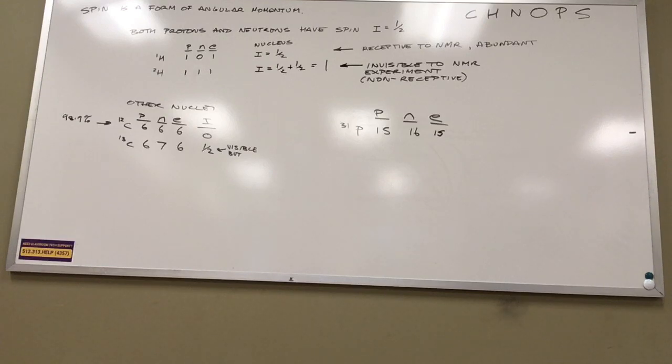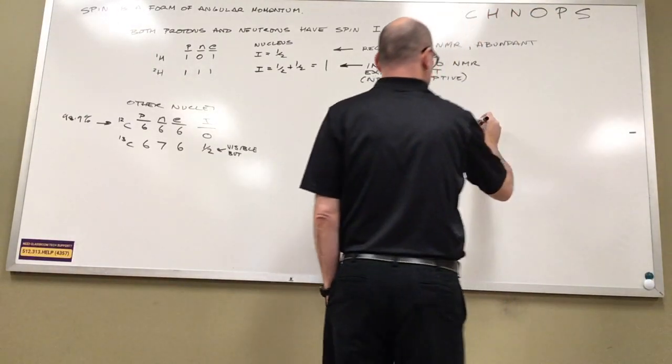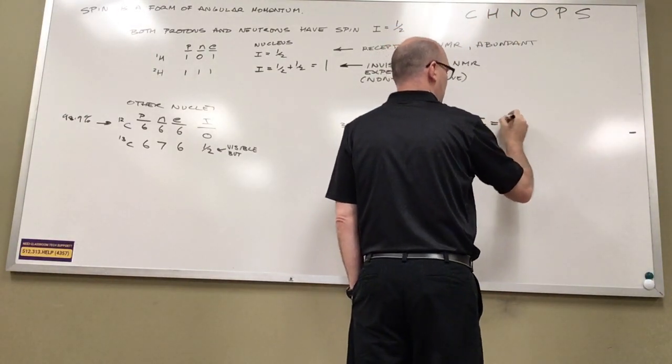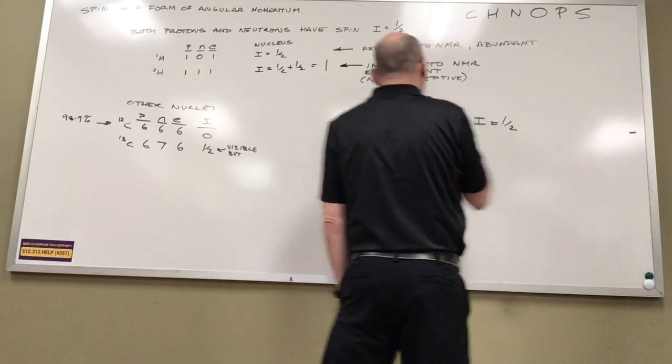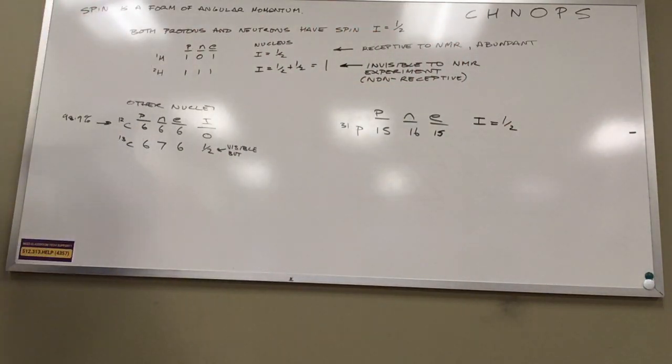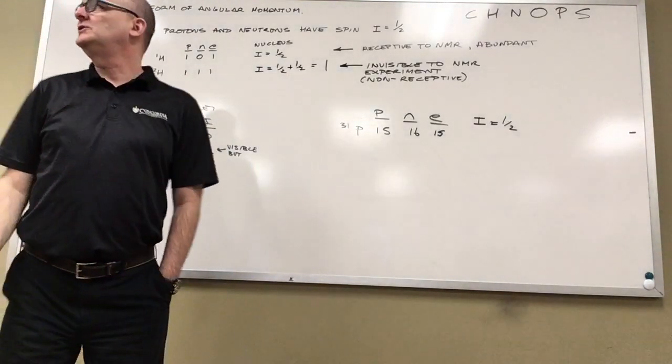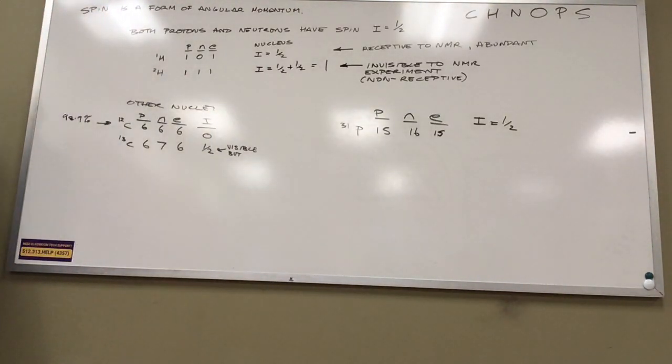That is visible. I don't think it's spin a half. I think it might be spin 3/2. No, it's a half. And when you look at the periodic table, phosphorus's quoted mass number is 30.97 something.